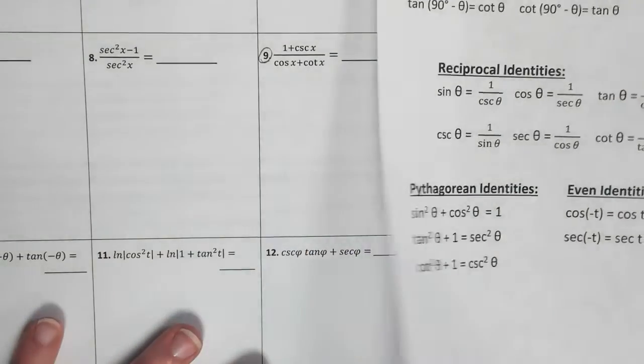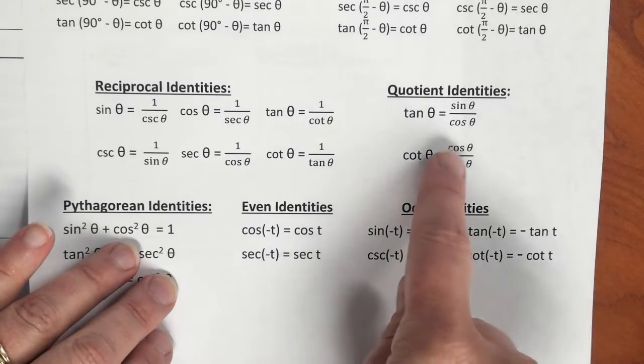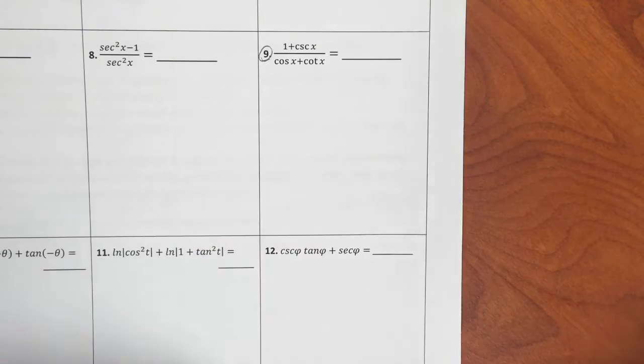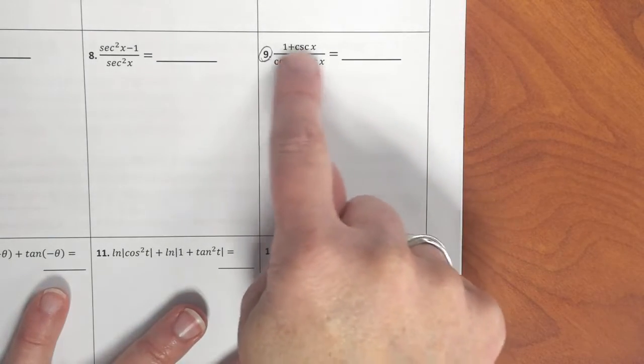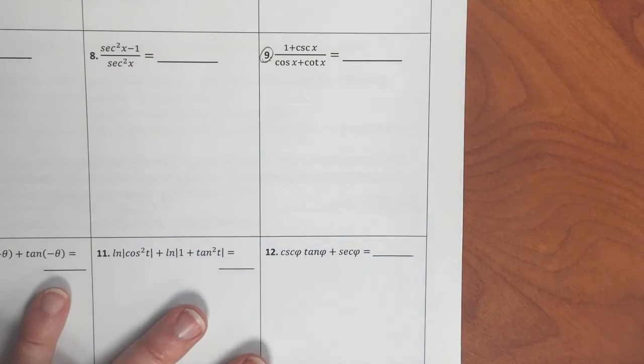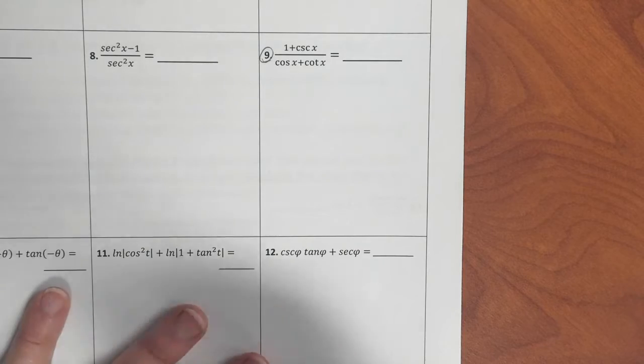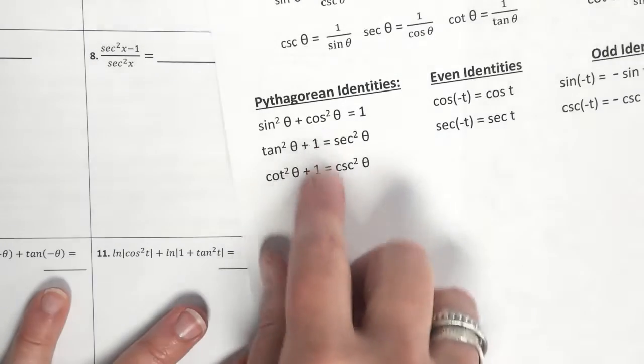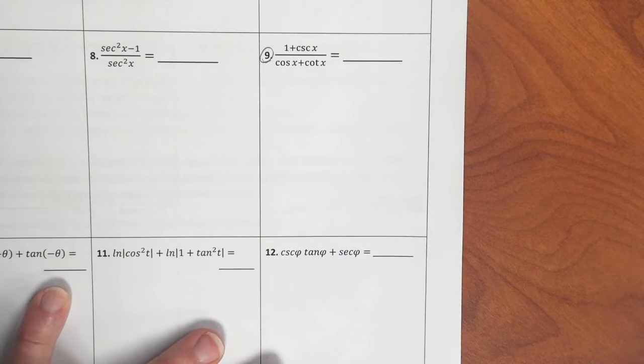Cotangent is cosine over sine. Right now, I don't have anything I can do with these terms except take them all back to sine and cosine. That very often is a good tactic. Sometimes it is not needed, especially if you can use some of these, but in this case, we need to take it all back to sine and cosine.